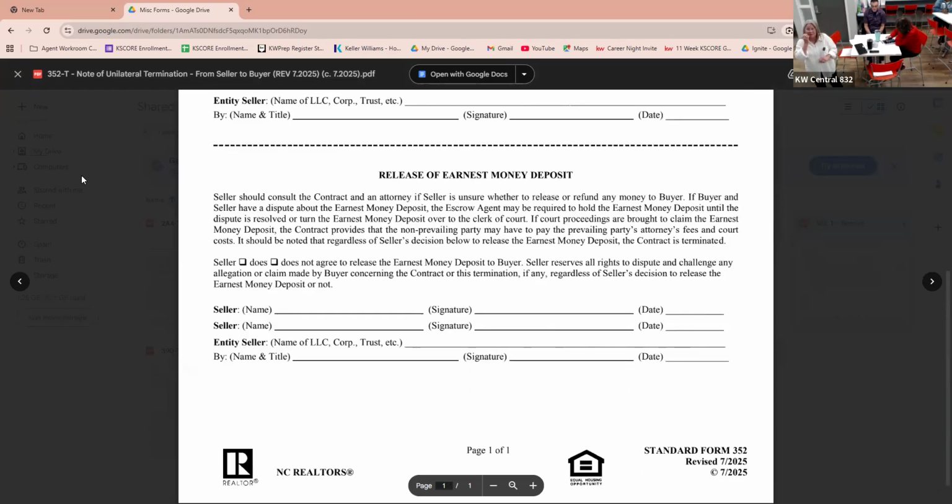If there is earnest money, the seller either does or does not agree to release the earnest money. Release of the earnest money does not have anything to do with the termination. So you can terminate and not agree to release the earnest money. The termination is still valid. Questions?